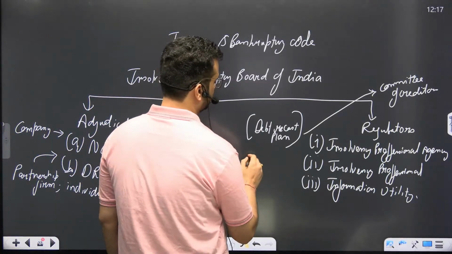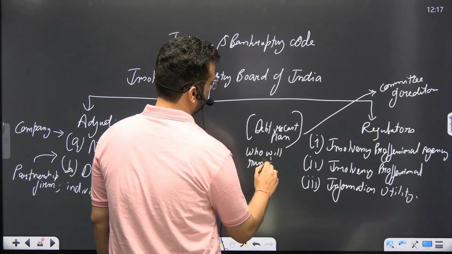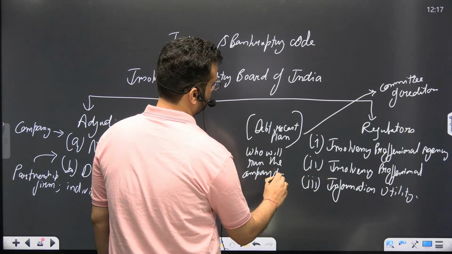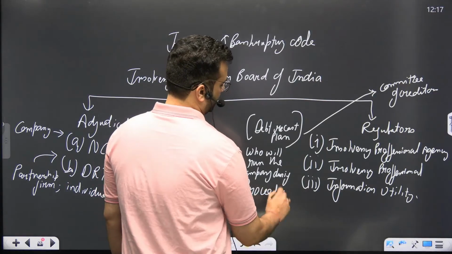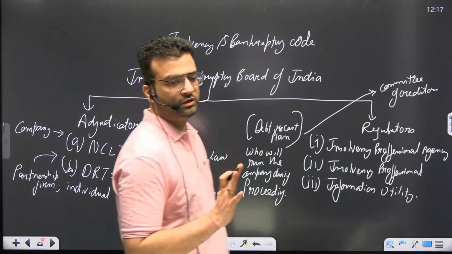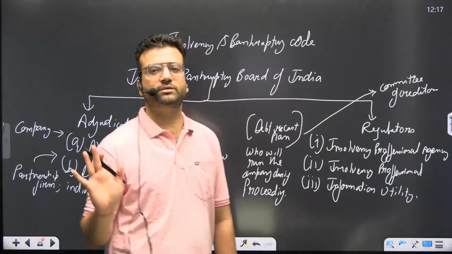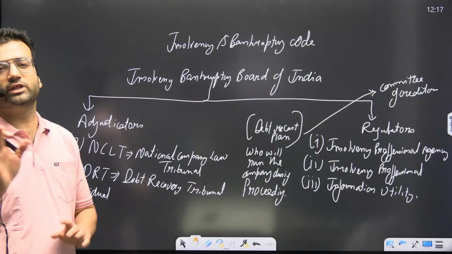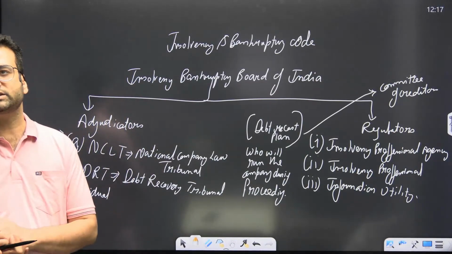Insolvency professional will run the company during these proceedings, as most of the CEO, CFOs, top management was not there. So NCLT will hire an insolvency professional who will run this whole company during the proceeding. Like Uday Kotak was the insolvency professional during the ILFS case.